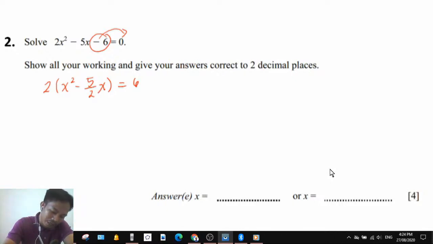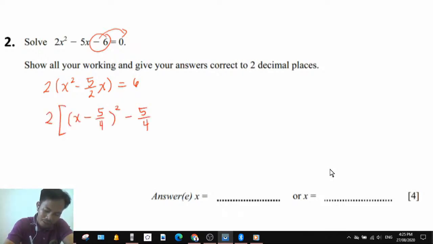Okay, so if I complete this, I will have 2 big bracket x minus 5 over 2 divided by 2 is 5 over 4. Then I have to square that, then minus 5 over 4, then I have to square it again.